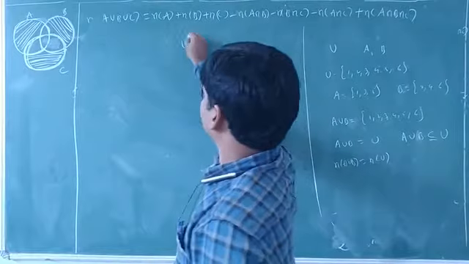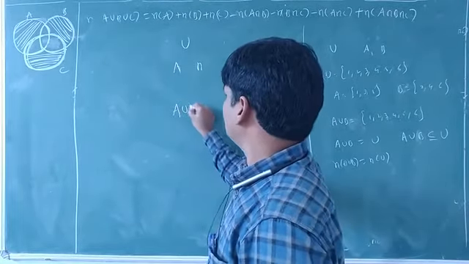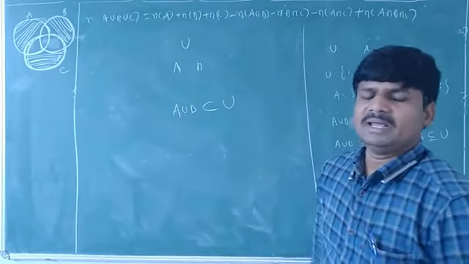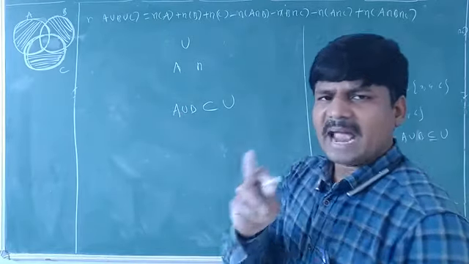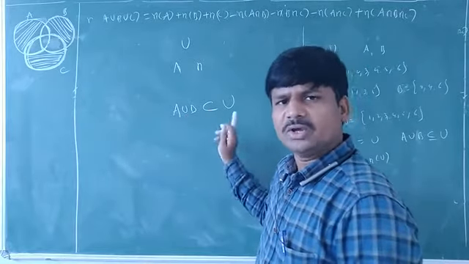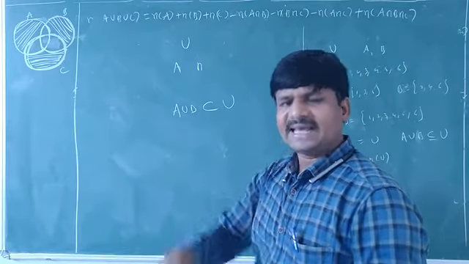See, U is a set. A and B are subsets of U. Whenever you find A union B, it is always a subset of U only. The maximum number of elements in A union B is equal to U only, or maybe less than U only.